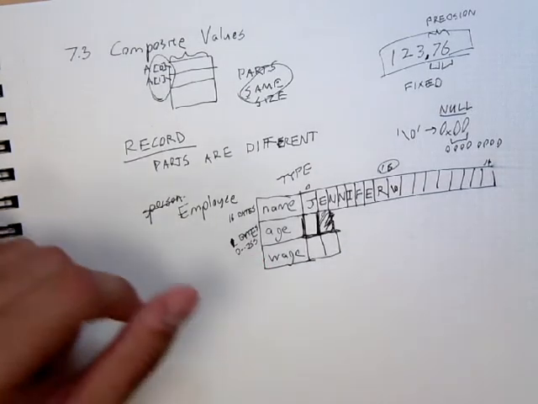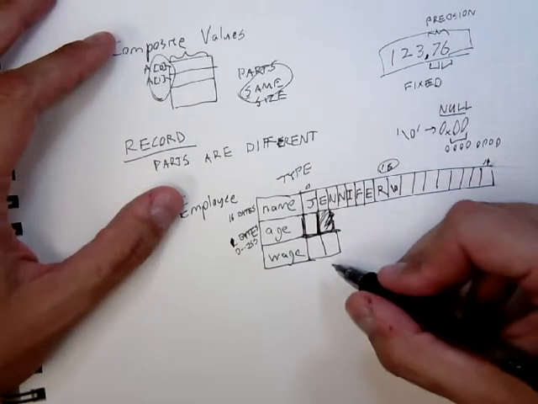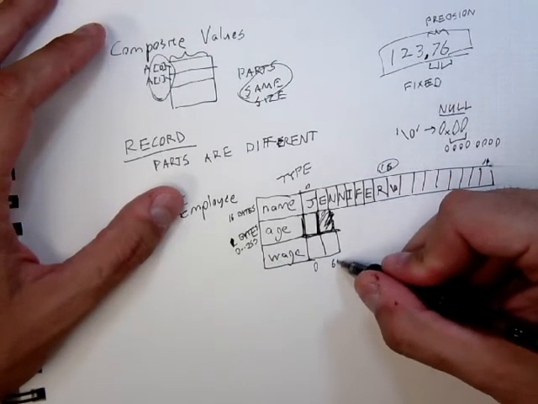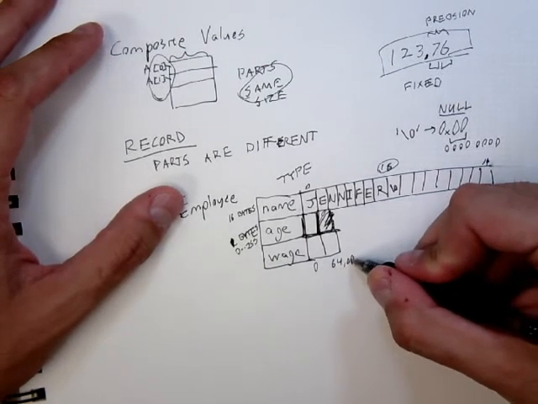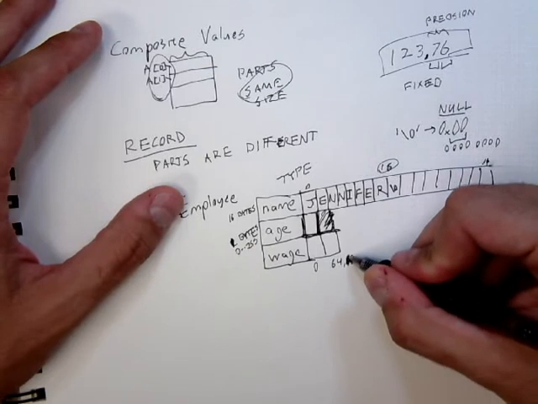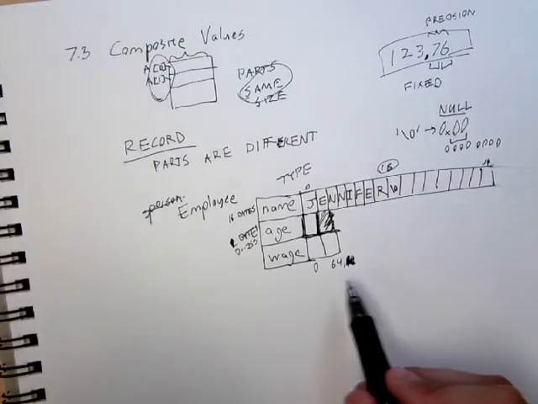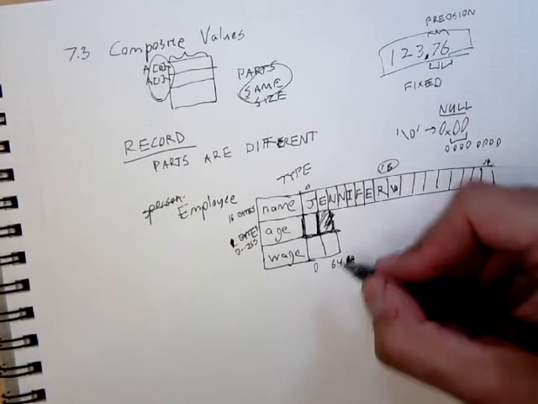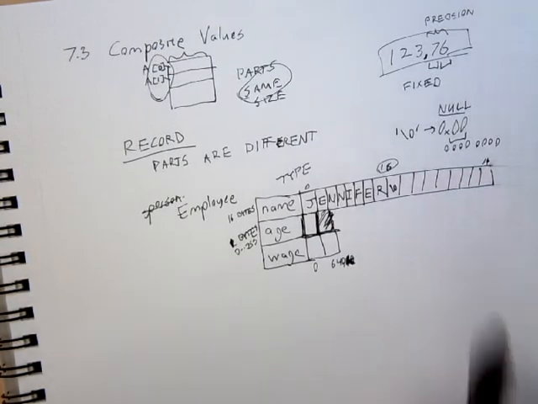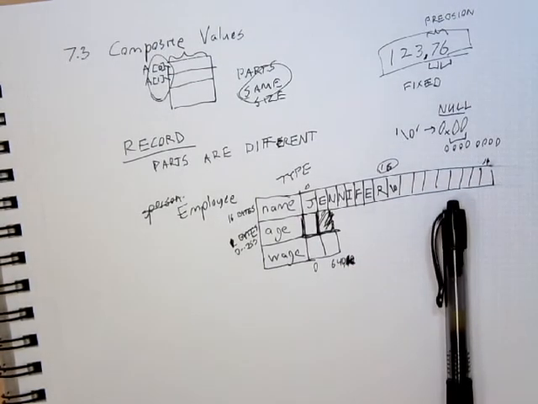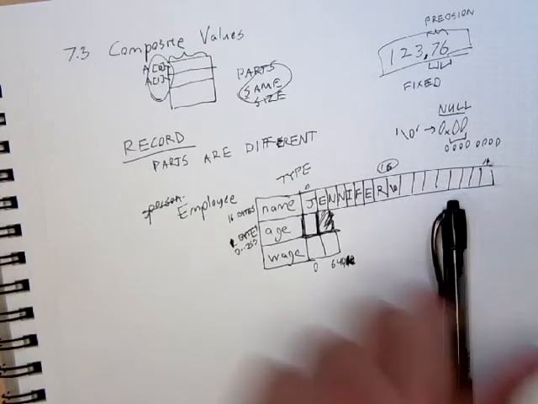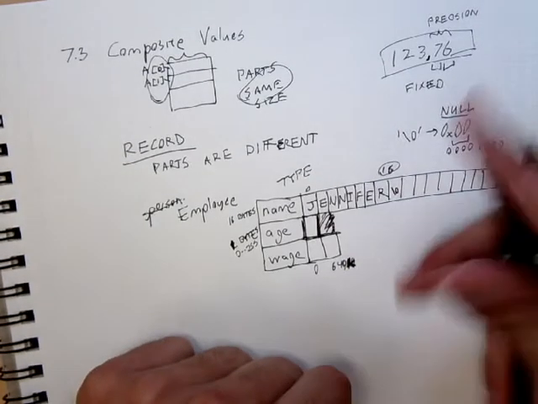And 2 bytes goes up to, I think, basically 64K. Is that right? I had better check on that real quick. 2 to the 16th is 65,536.